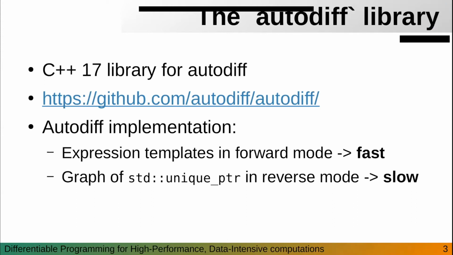Autodiff is a C++17 library, which you can find on GitHub. It supports forward mode and reverse mode differentiation, whereas the forward mode is implemented with expression templates, so it's relatively fast, I would say, and the reverse mode is implemented using a unique pointer in a graph of these objects, so that's relatively slow, I would say.